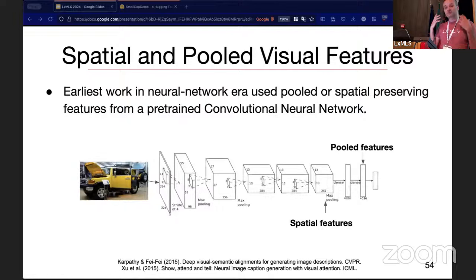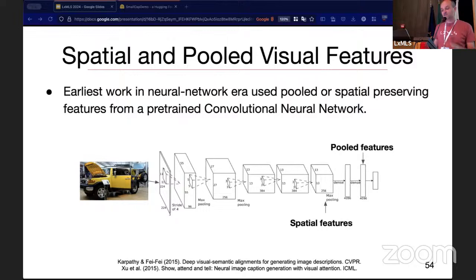Then we think about features that are extracted in a pre-processed form from images. The earliest work in the neural network era used either pooling or spatially preserving features in a convnet. We could take a model like this. If you've seen something like the AlexNet model, you probably recognize this representation.